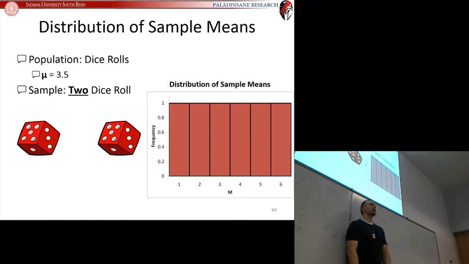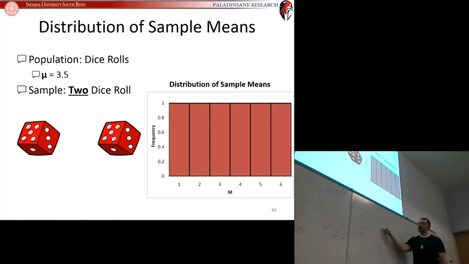You roll 2 dice again, you get snake eyes. The mean of that roll is 1. You keep rolling 2 dice after 2 dice until you get all 36 possible means, add up and find the average of all of those sample means, and lo and behold, the answer is going to be 3.5.